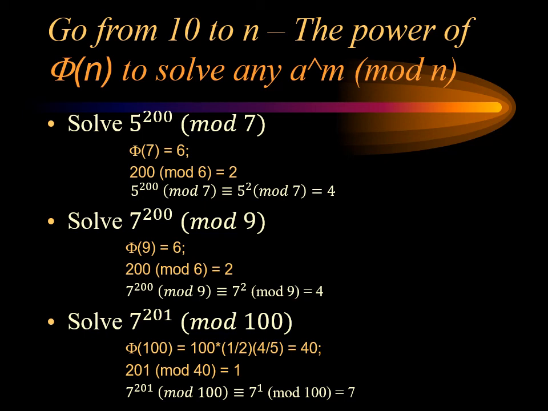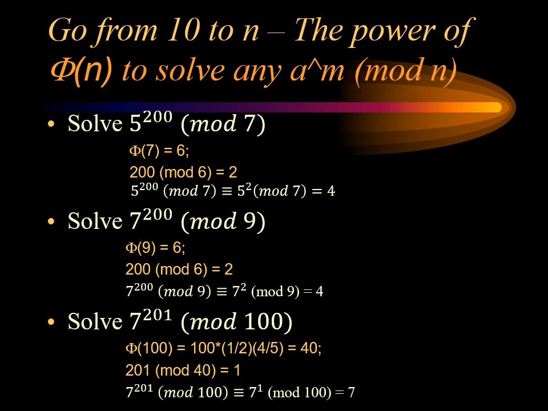So the formula is n, which in this case is 100, times 1 minus 1/2, which is the first prime number there, and then 1 minus 1/5, which is the second prime number there, and then you calculate this all together, and you get 40, which is the magic number of mod 100. So that means the cycle comes in the cycle of 40.